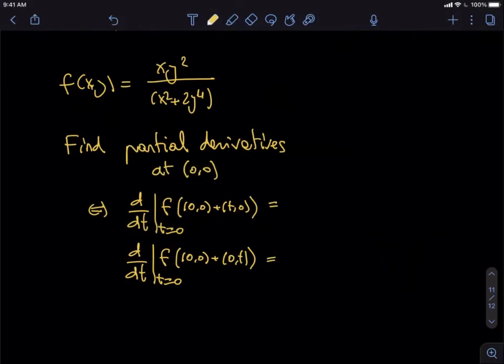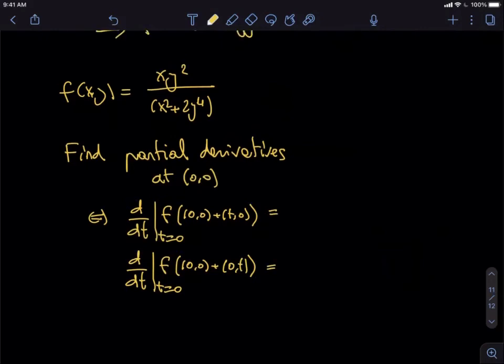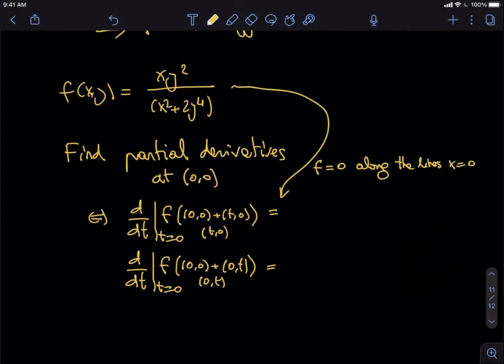Okay, and what happens here? So this is like writing t0, and this is like writing 0t. But notice that by the definition of f, f of (t,0) is going to be 0 always. So f equals 0 along the lines x equals 0 and y equals 0.